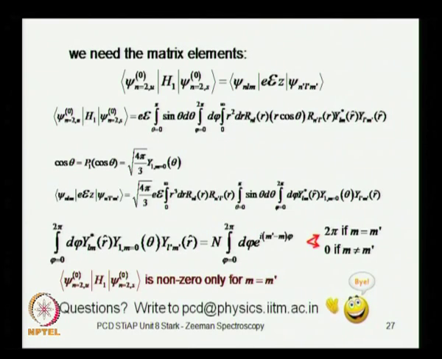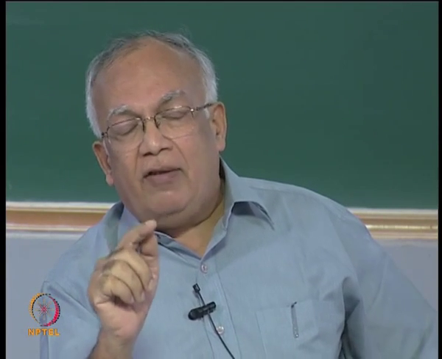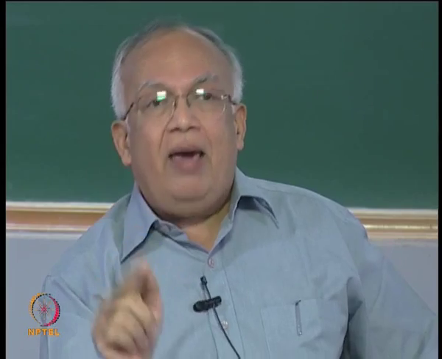Like we have already seen that you get a non-zero connection between the states only if m is equal to m', not otherwise. So, for n equal to 2, the non-relativistic hydrogen atom has got n squared, that is 4, degenerate states, right, which is the 2s and the 3 linearly independent eigenfunctions of 2p, which is for n equal to 2, l equal to 1, and m going from -1, 0 and +1.